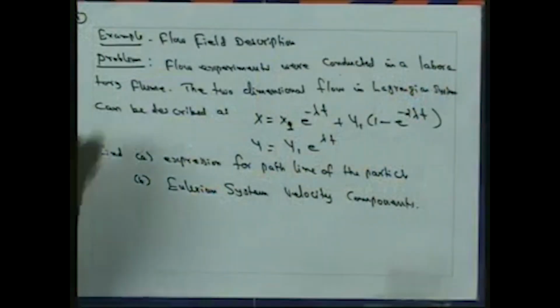Now let us discuss a small example of how we can utilize the Eulerian approach and Lagrangian approach as far as fluid flow field description is concerned. The problem we are discussing here is the flow field description.